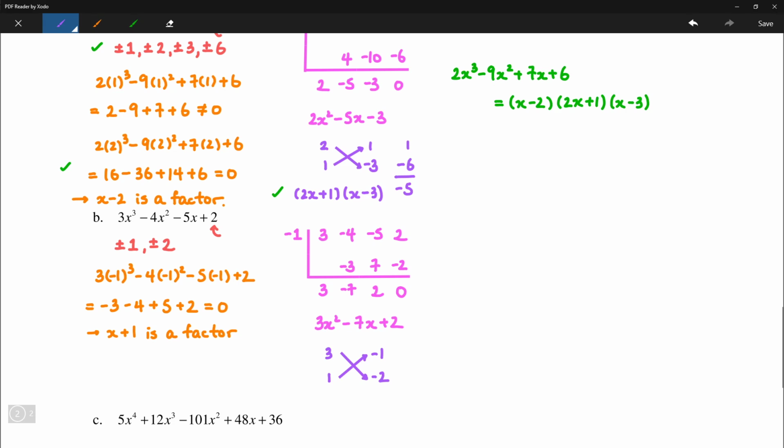So the factors will be 3x minus 1 and then x minus 2. And again, now that all 4 steps have been completed, we can find out what our answer is. So 3x cubed minus 4x squared minus 5x plus 2 is equal to x plus 1, the first factor we found, and then the 2 factors from the trinomial. So 3x minus 1 and x minus 2.